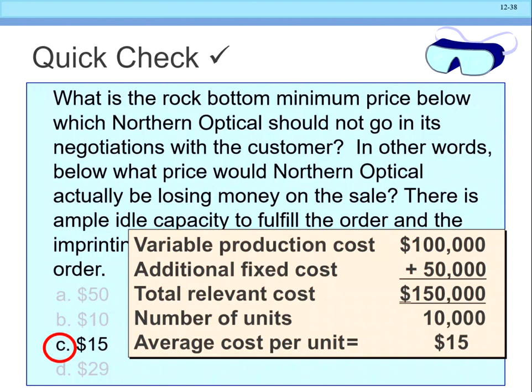So on the face of it, it appears like to buy is cheaper, but when you do an analysis, you discover that no, it's not beneficial to make on your own. Then lastly, we've done special orders, and again, we need to assess using relevant costs to see whether our profit is going to increase or decrease as a result of the special order.